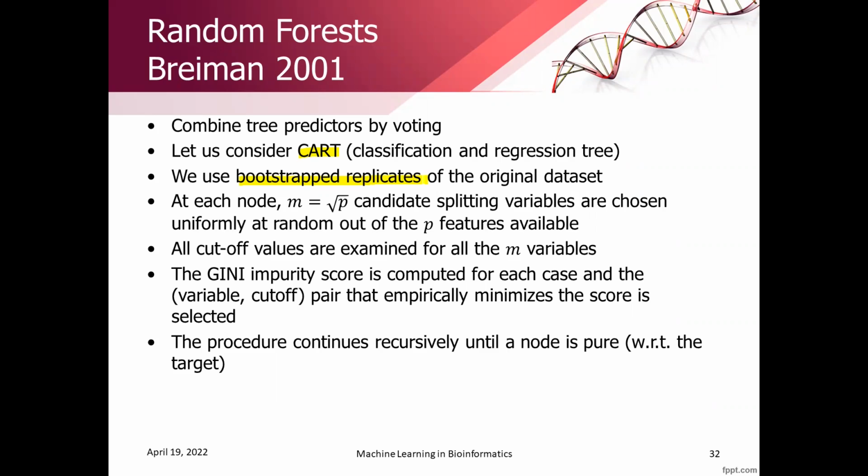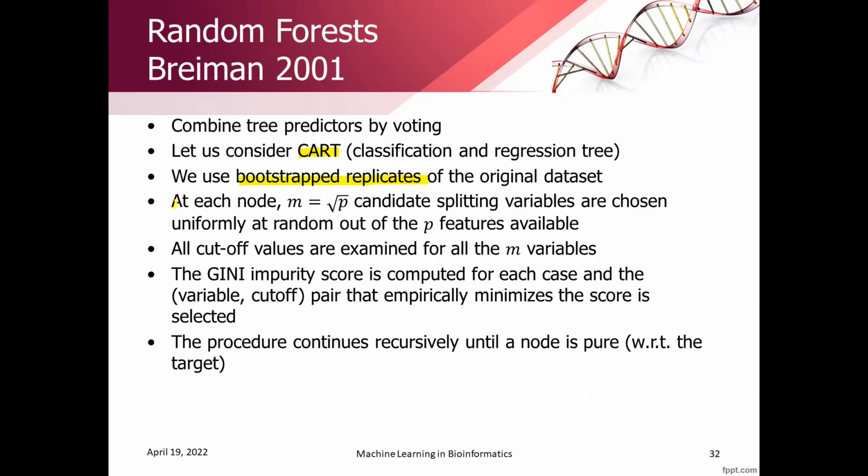But if we have enough samples, we usually prefer to subsample the original training set. So we just select some of the samples from the training set. This is done because we would like to obtain non-correlated classifiers.